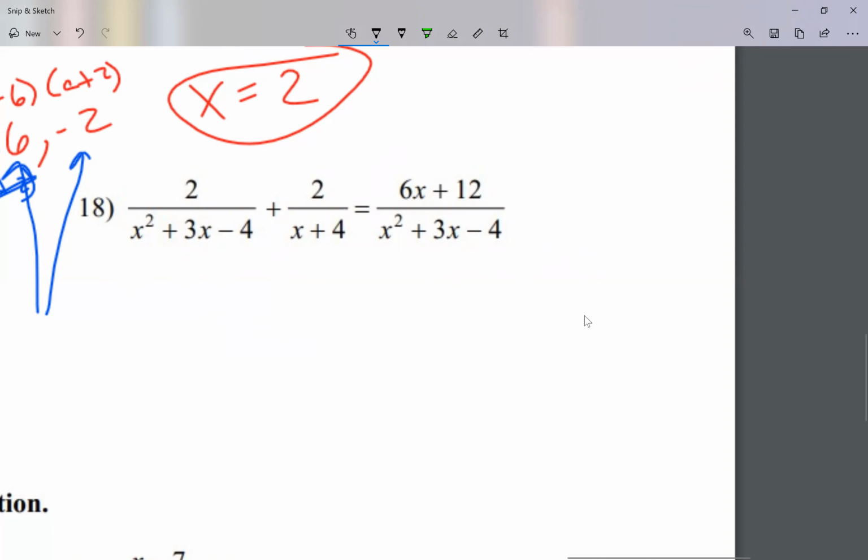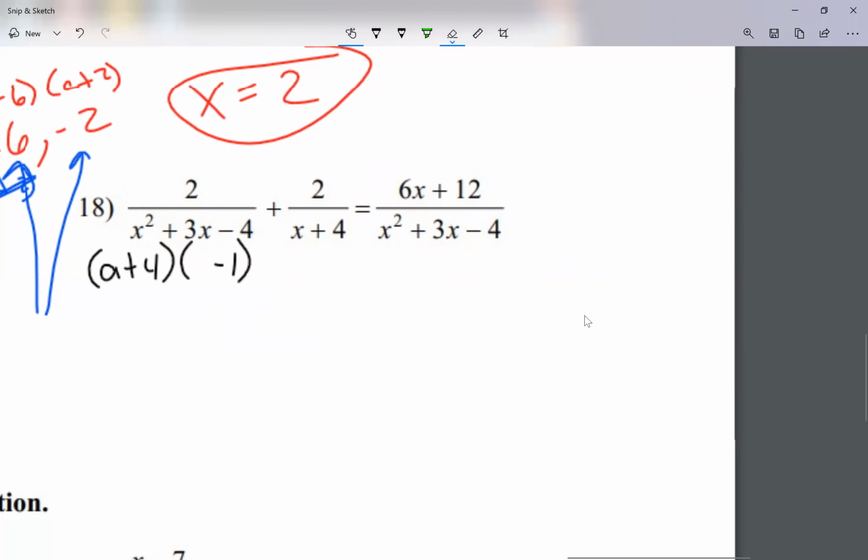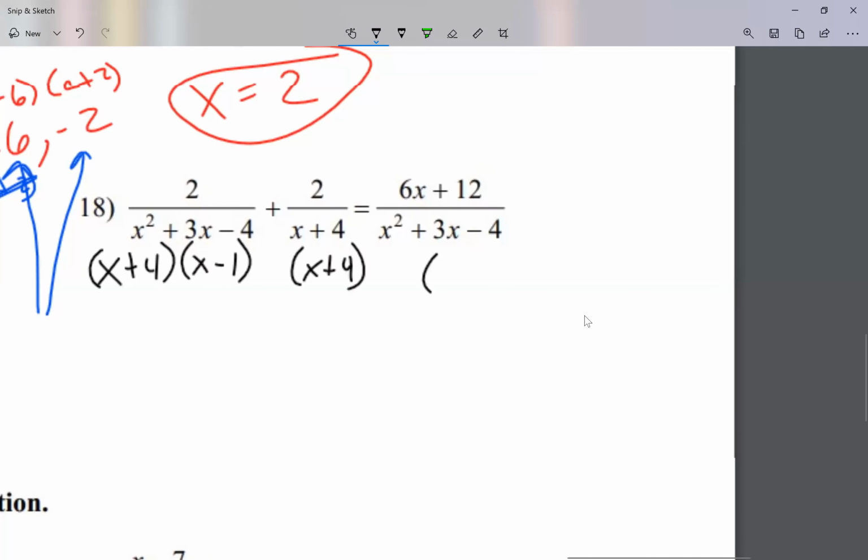I'm going to factor this as x plus 4, x minus 1. My second factor is an x plus 4, my second parenthesis. And then on the last one, I have x plus 4, x minus 1.